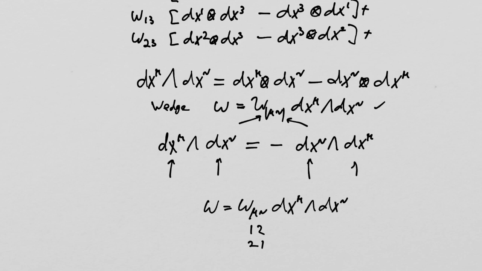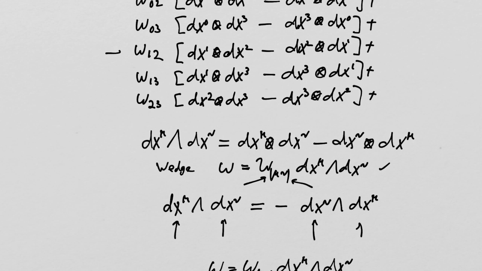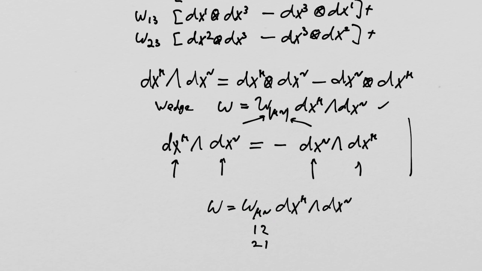So we know the sign will flip here, but the sign will also flip here because we're going to flip the mu and the nu here as well. So basically we're going to double count. And to compensate for the double count, all we have to do is divide by 2.